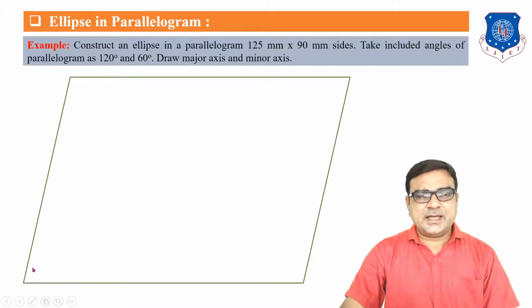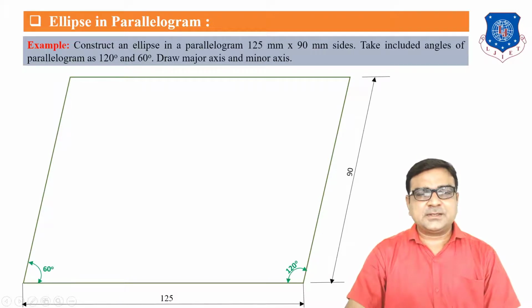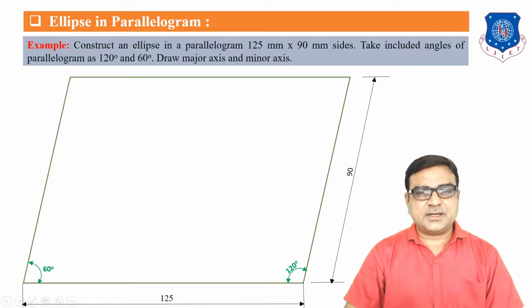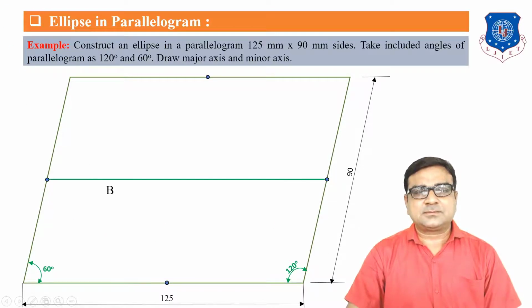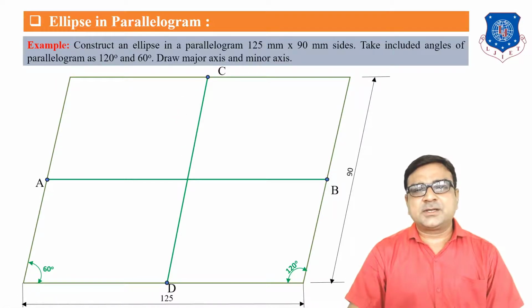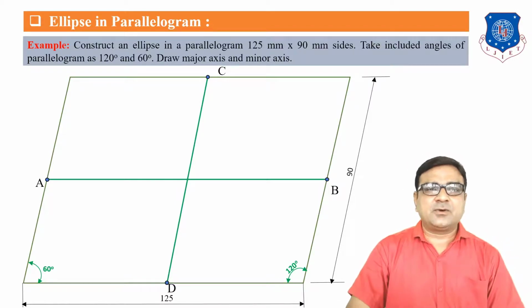Here this angle is 60 degrees, and this is 120 degrees. Now draw a horizontal line from this middle point, which is always parallel to both these lines, and one line parallel to this line. Here AB and CD are not the minor and major axes. This is the size of the parallelogram.